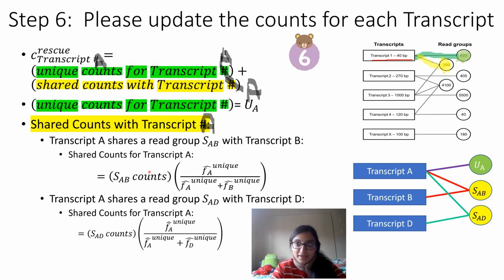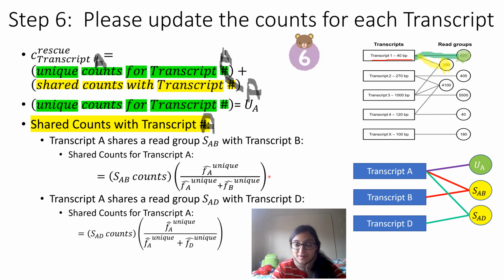Transcript A shares a read group SAB with transcript B. So what does A get from it? Like transcript 1 and 3 are sharing 390, but here transcripts A and B are sharing this SAB. What part will A get? Well, A will get its relative fraction.